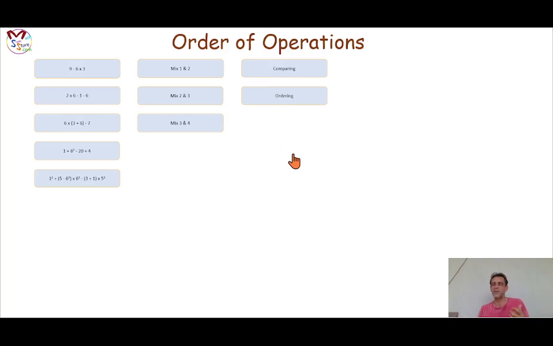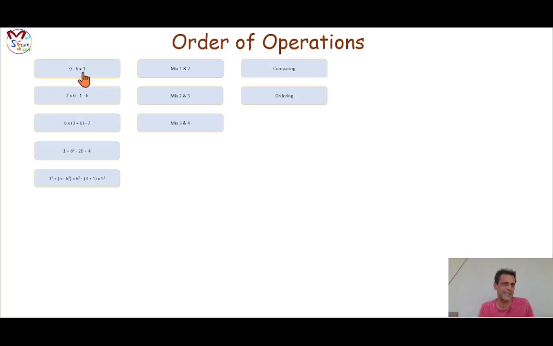The students will be working out three orders of operations, so doing a lot more work, and not just the answer that will be compared. If we go to this first one, we'll see ordering and comparing later on.